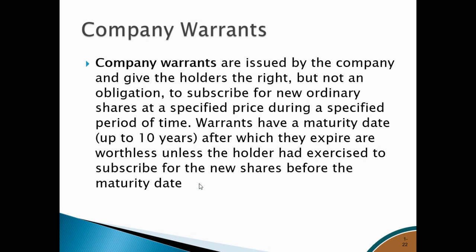There's no obligation, so you have the right but no obligation. The second point is new ordinary shares at a specified price. They give you the option to purchase the company's shares at a certain price. The third point is a specified period of time.